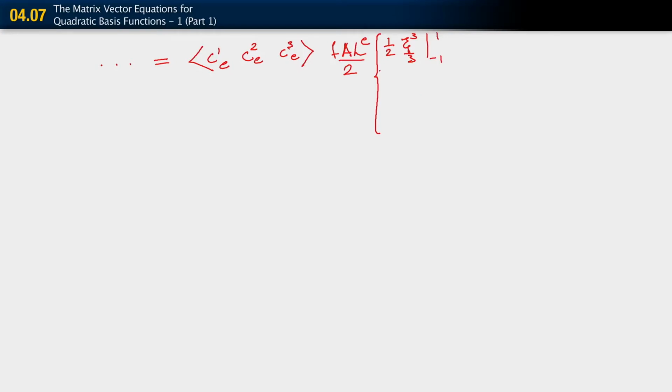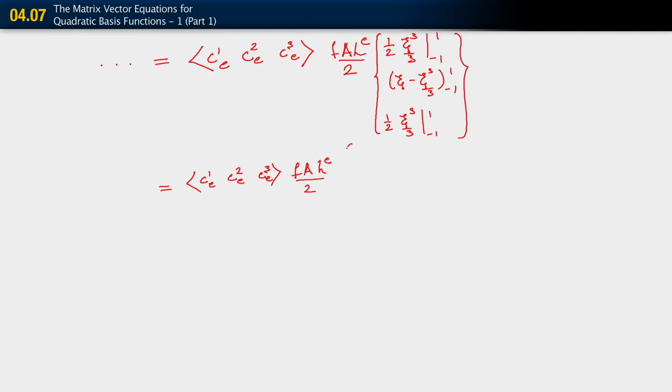For the second one, we get xi minus xi cubed over 3, from minus 1 to 1, and for the third we get 1/2 of xi cubed over 3 also from minus 1 to 1. When we compute these out, we see that we are left with c_1^e, c_2^e, c_3^e, f A h^e over 2, and here we get 1/3, 4/3, 1/3.